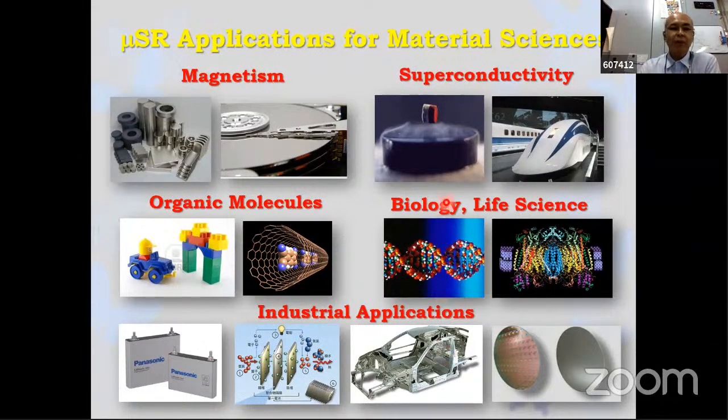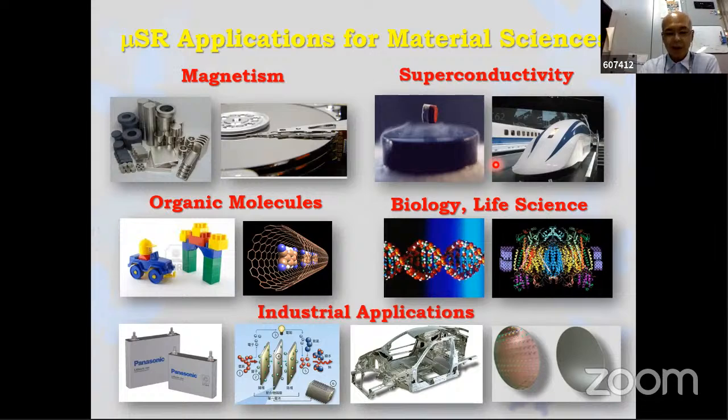But the main job is on superconductivity and magnetism, and I am working on magnetism and superconductivity. So today, my talk is very related to superconductivity. In order to introduce my DFT studies on superconductivity, I will first simply explain about superconductivity.